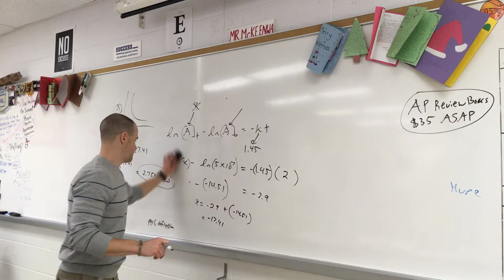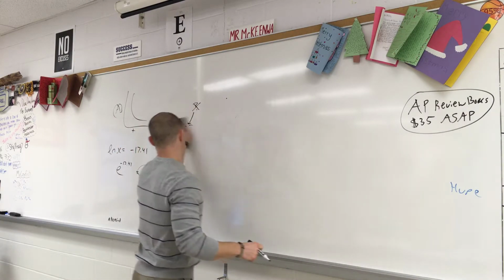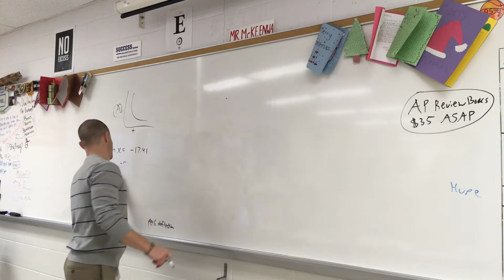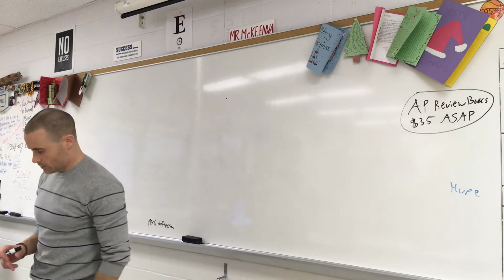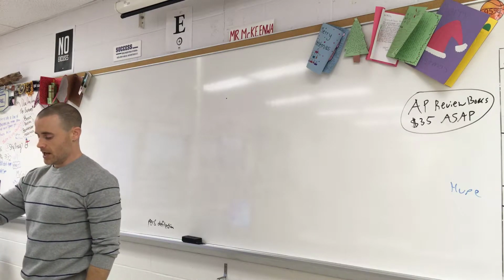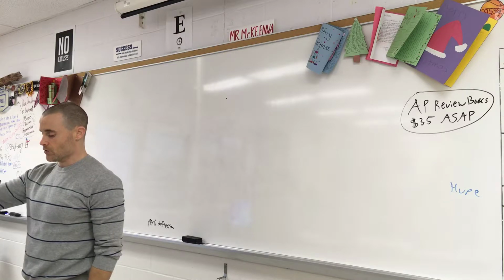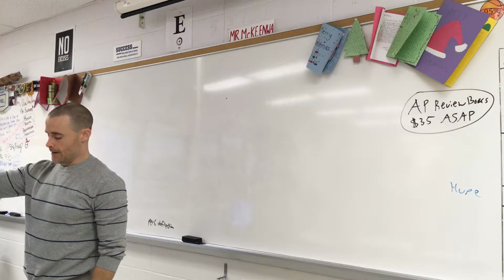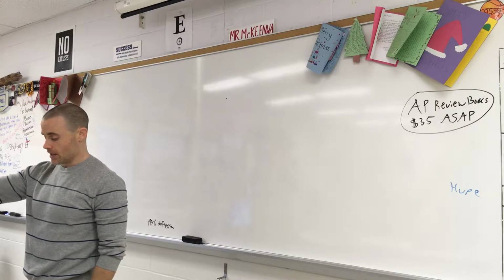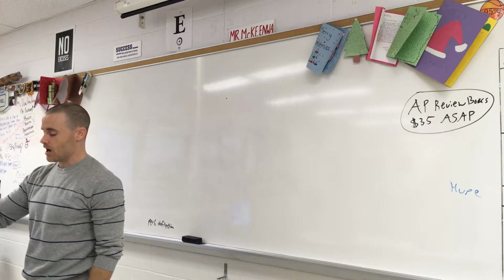B. So now it wants to know how long will it take for it to drop to 3 times 10 to the negative 7. You know the initial is 5 times 10 to the negative 7. The final is 3 times 10 to the negative 7. They give you everything you need. You're solving for t.